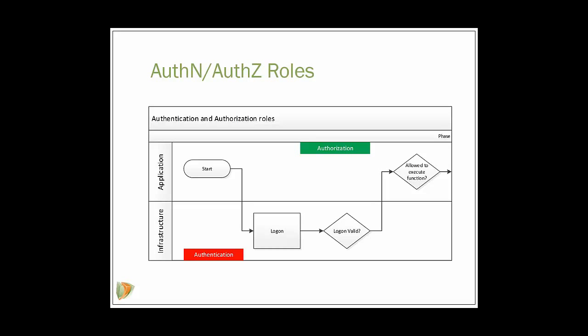In the web space or in the Microsoft stack, this infrastructure authentication has typically been integrated Windows and NTLM. Now, it is possible to use forms-based authentication, or what we call ASP.NET Identity, in which case the application itself may be doing the authentication.